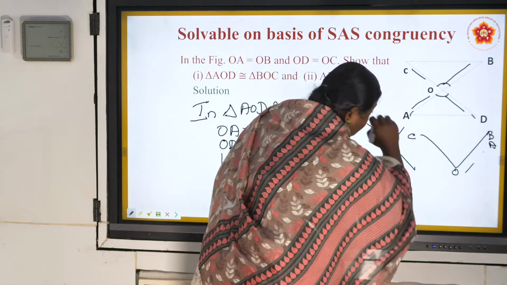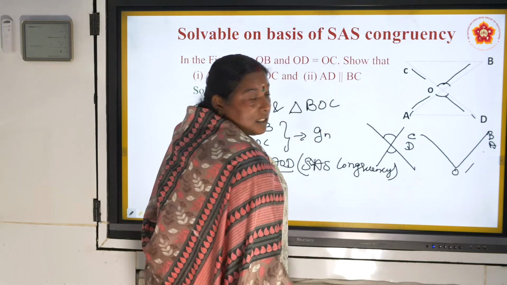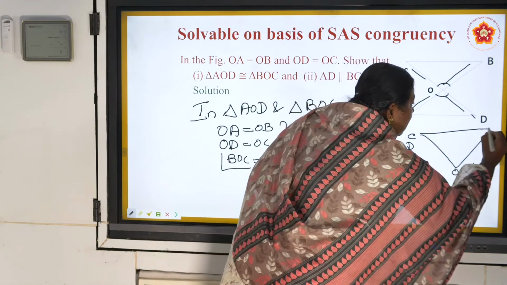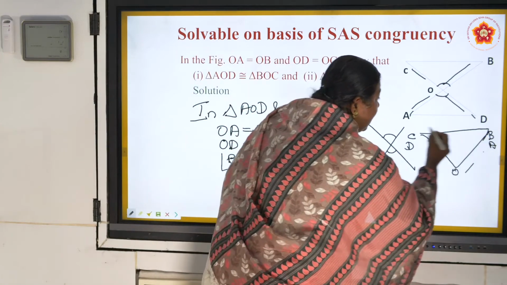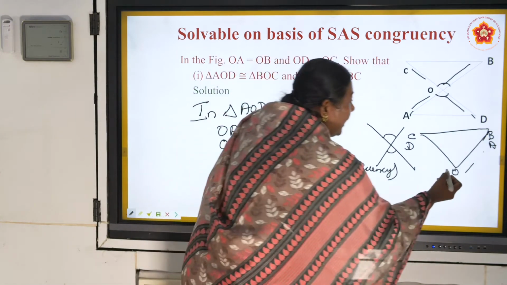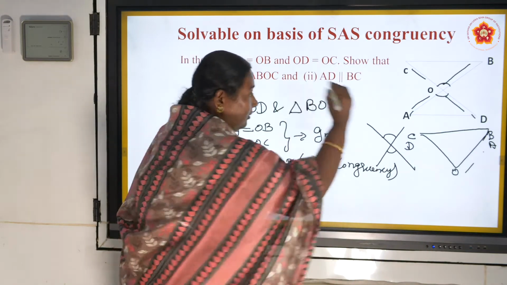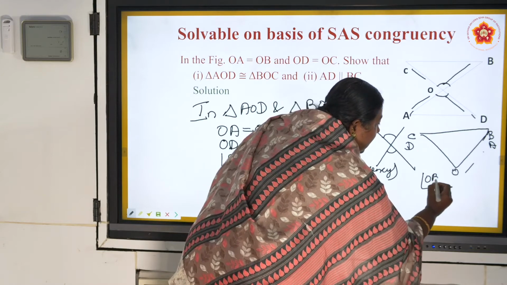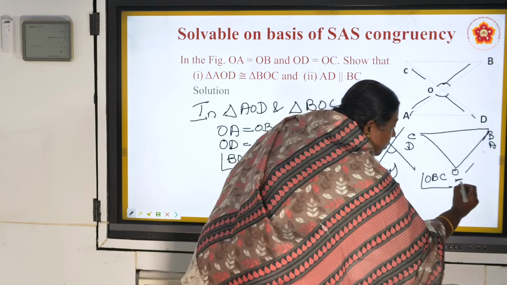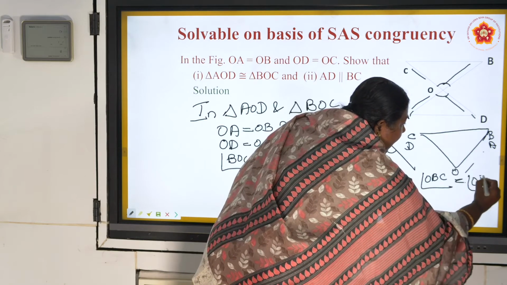This is C, D will be here. Is it right? I have superimposed them. That means OBC and OAD are both the same. So it gives angle OBC equal to angle OAD.